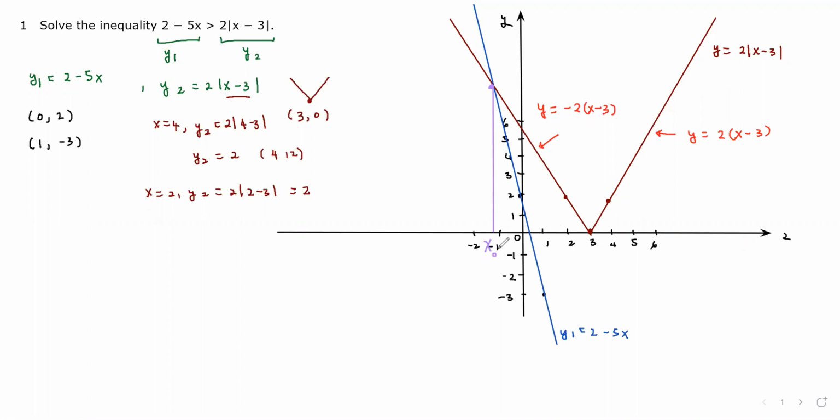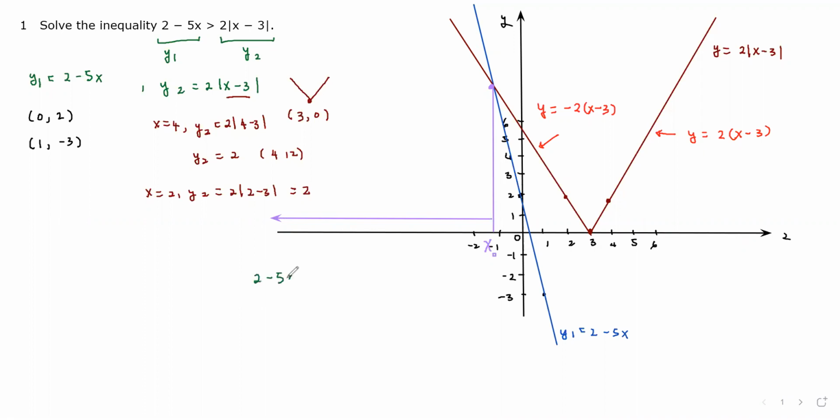So as long as we can find x naught, we can find the solution to the inequality. The solution will be values of x less than this value. So we need to find the point of intersection of these two graphs.